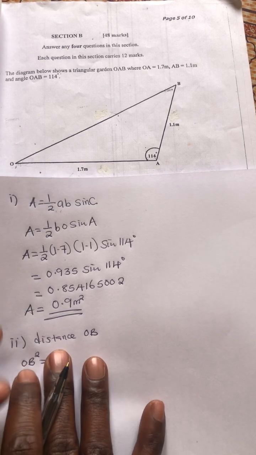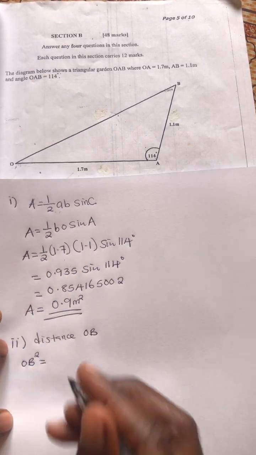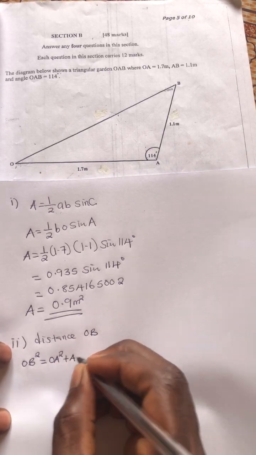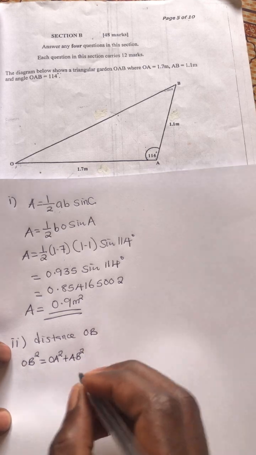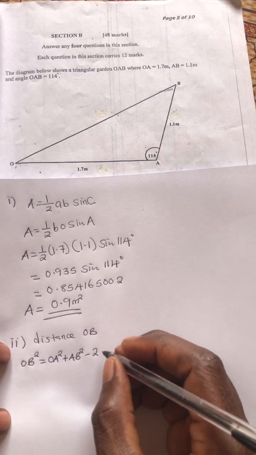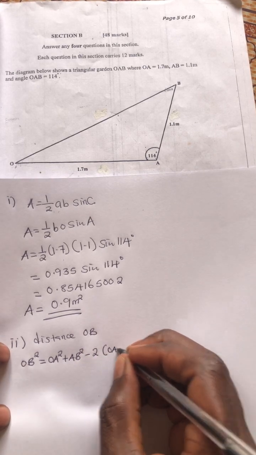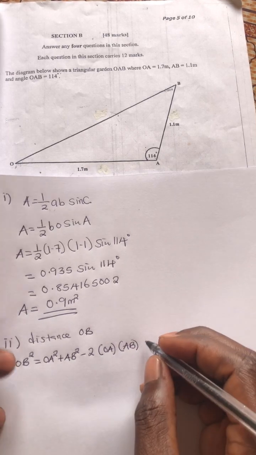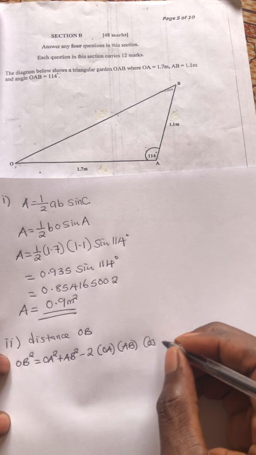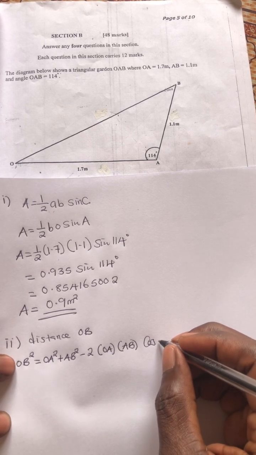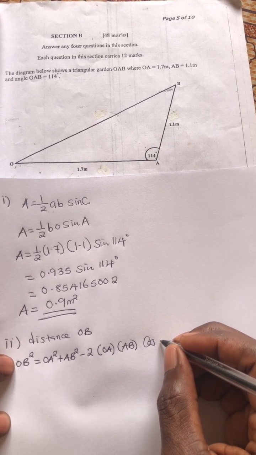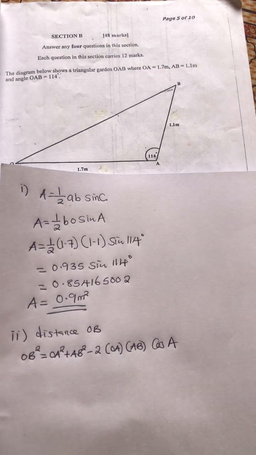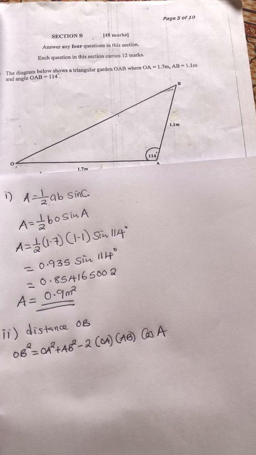So OB squared will be equal to OA squared plus AB squared minus 2, in brackets OA, another brackets AB, and then cos of the angle, which in this case is cos A, the angle that has been given, opposite the other side.